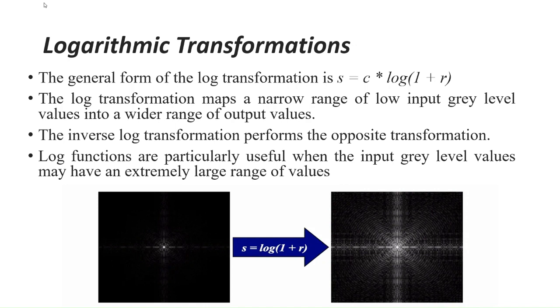The logarithm transformation maps a narrow range of low input gray level values into a wider range of output values. For that type of images, we use the logarithm transformation. The inverse log transformation performs the opposite transformation.